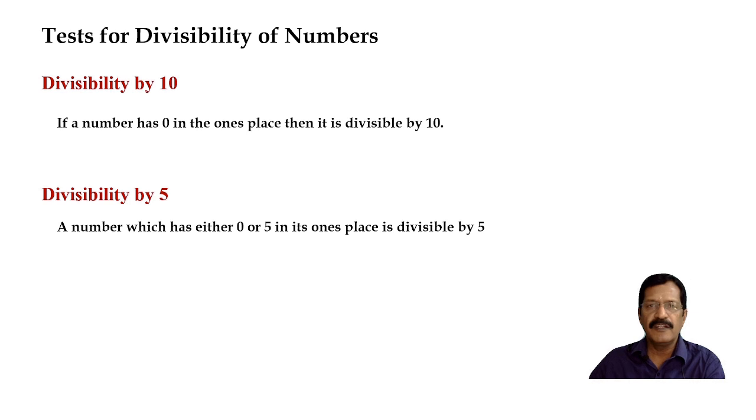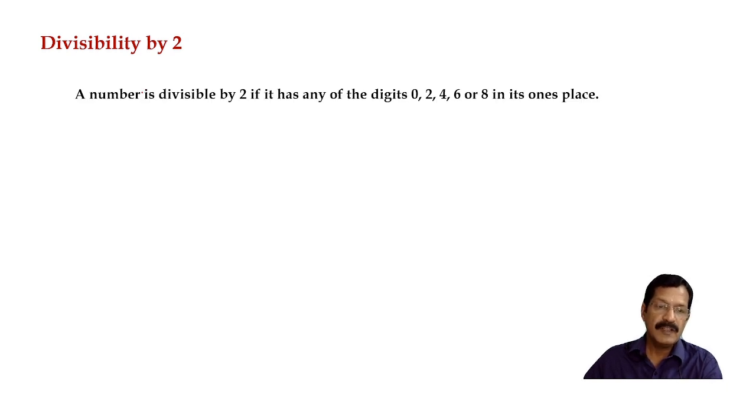So, if a number is ending with 0 or 5, then it is divisible by 5. Divisibility by 2. A number is divisible by 2 if it has any of the digits 0, 2, 4, 6 or 8 in its ones place. That is, if a number is ending with 0, 2, 4, 6 or 8, it is divisible by 2.